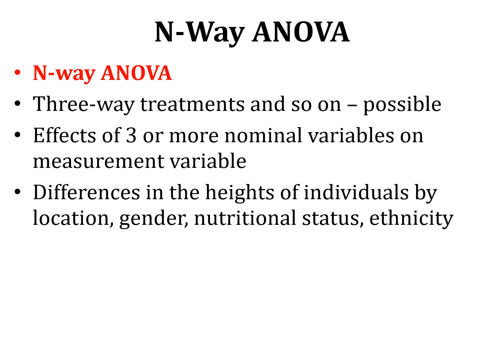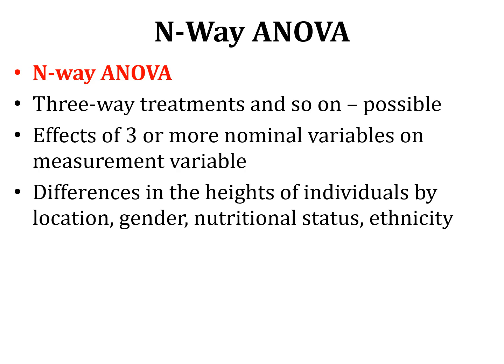Then we have n-way ANOVA. We can have three-way treatments, four-way treatments, and so on. So we can have any number of nominal variables, any number of treatments, and we can see their effects simultaneously in a single test, in a single ANOVA. This is a multiple-way ANOVA or the n-way ANOVA.